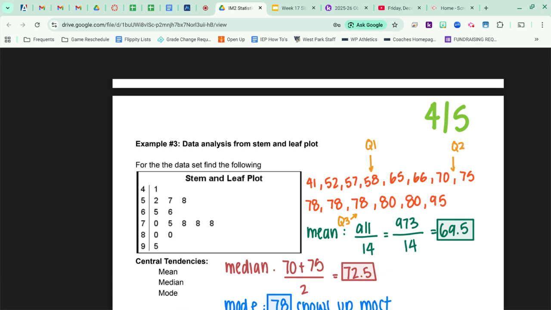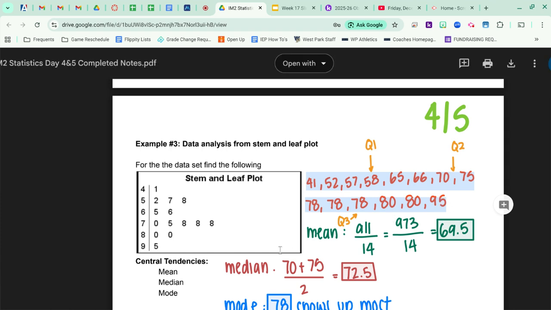Now, when you're determining mean, median, and mode, it may be easier to list them out from least to greatest, like we have here, from 41 to 95. First off, mean, and this is probably reviewed for most of you: the way you get the mean is you add all of them up, 41 plus 52 plus 57, all the way through 95.